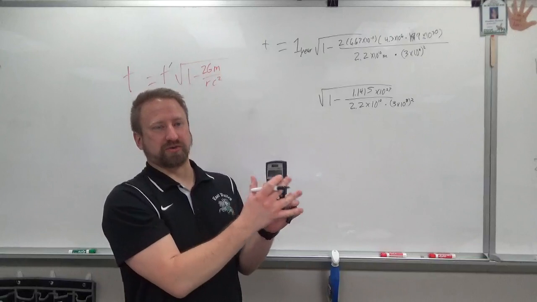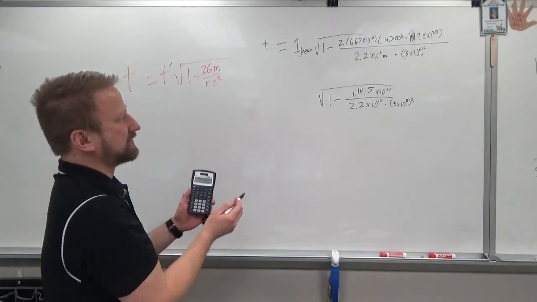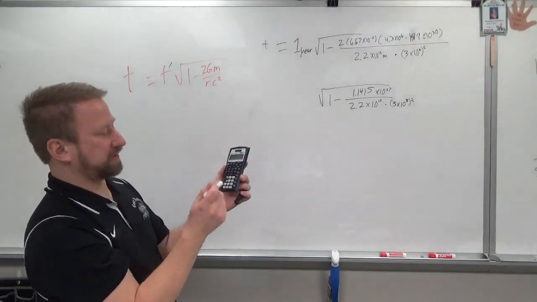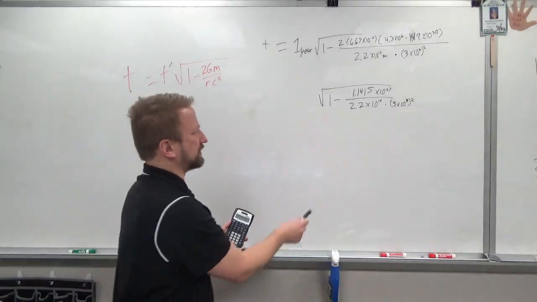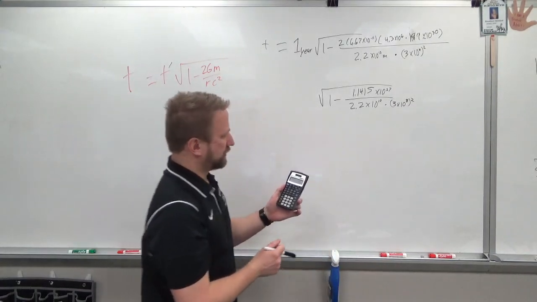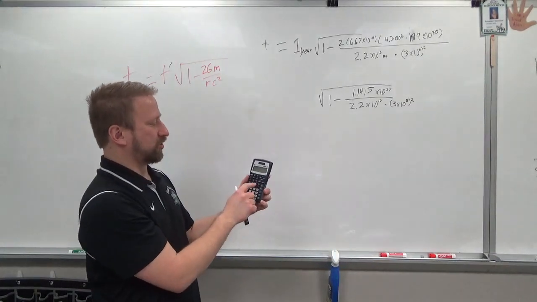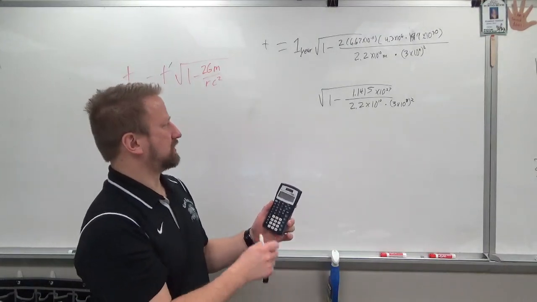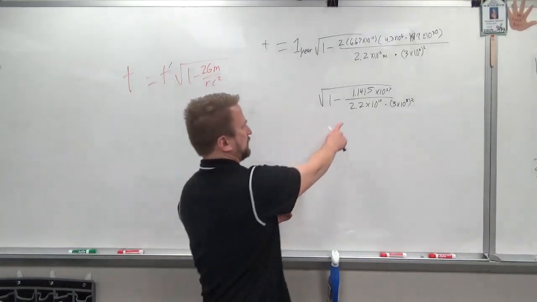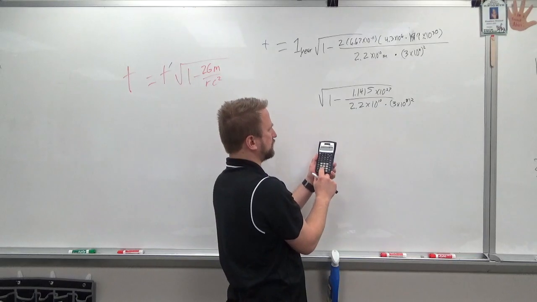Because there's a bunch of numbers stored on my calculator that I can't even see, I'm going to keep going on my calculator here without showing this bottom part simplified. I'm going to hit divide, open 2 parentheses, and then put in my 2.2 times 10 to the 10th inside my 2 parentheses.